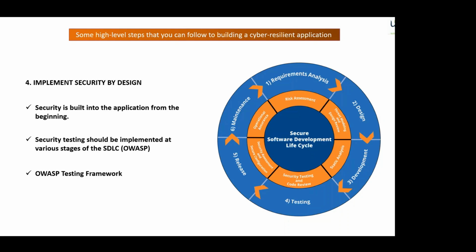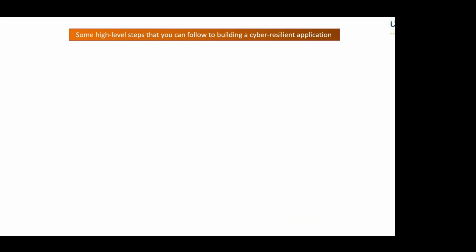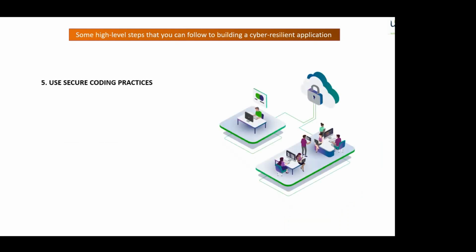Okay, so next one is use secure coding practices. This one is very key. When we write secure code, we use industry best practices, such as input validation. We are going to be looking more into all these best practices. We talk about output encoding, error handling and proper session management.